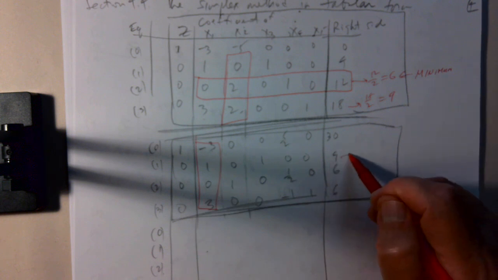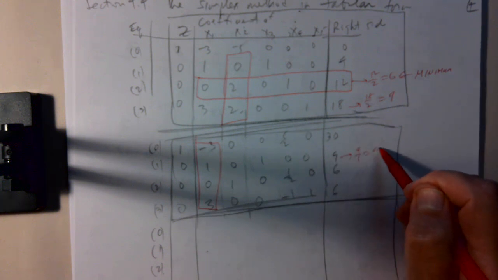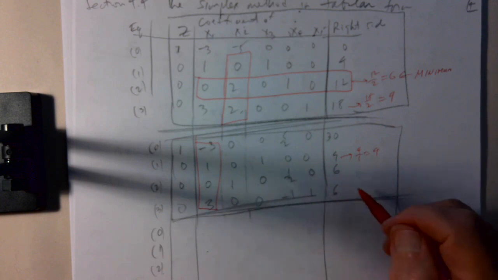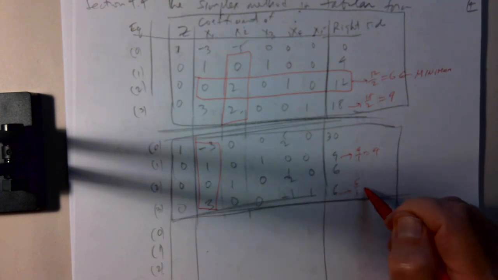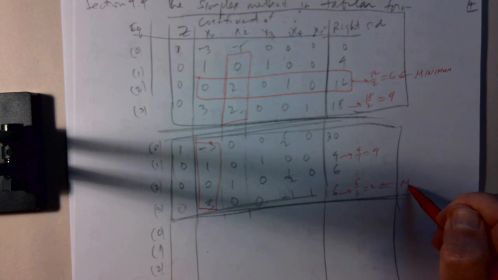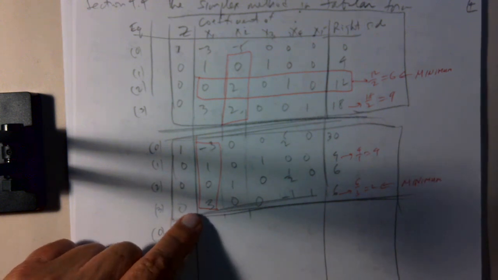For the variable x1, if I look at the ratio, 4 over 1 is 4. 6 over 3 is 2. This is the minimum. So the most I can increase the variable x1 by is 2.